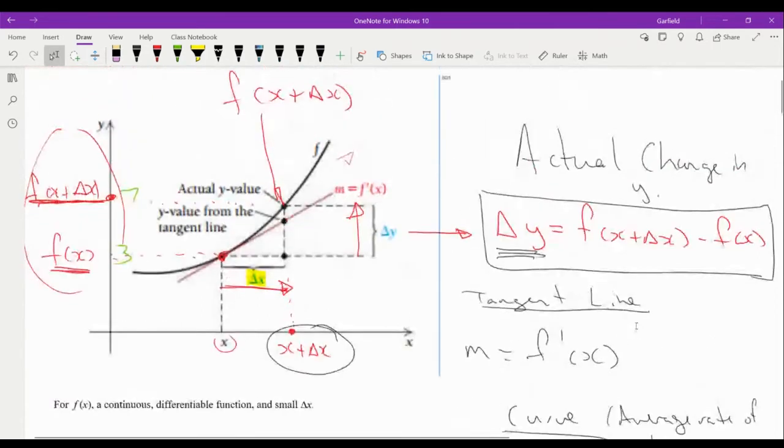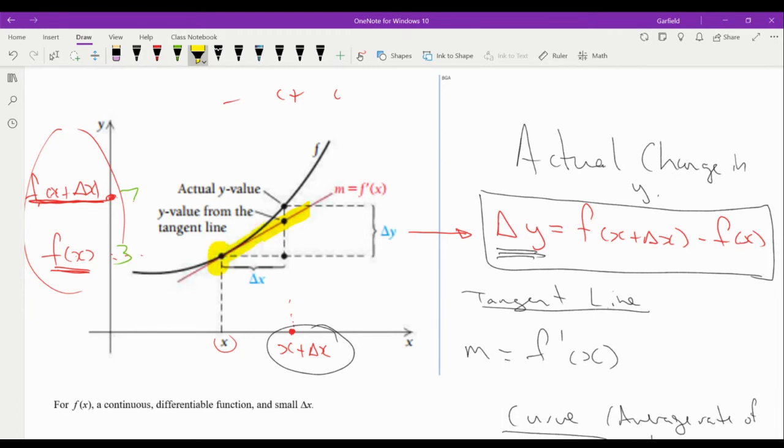Now, if you look at the curve and the line, let's clear up some of this mess. If we follow the tangent line, we know the slope is very similar to the curve.